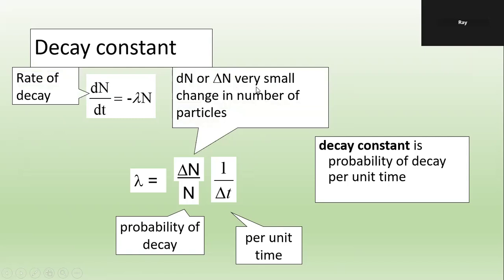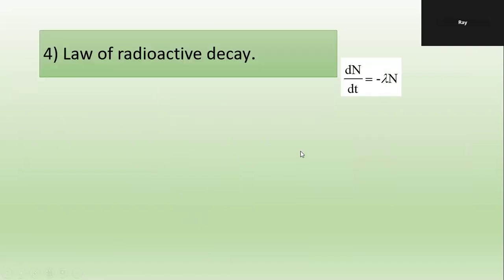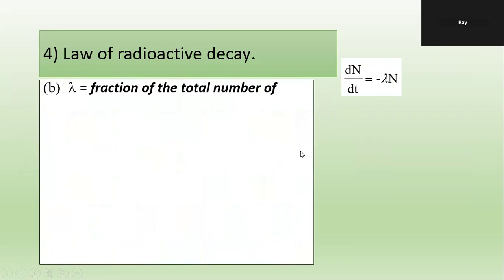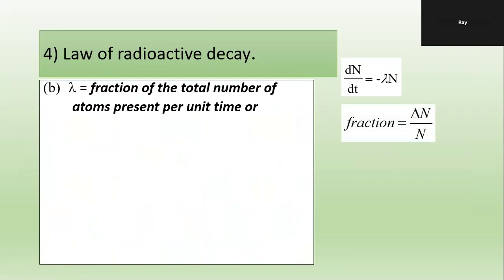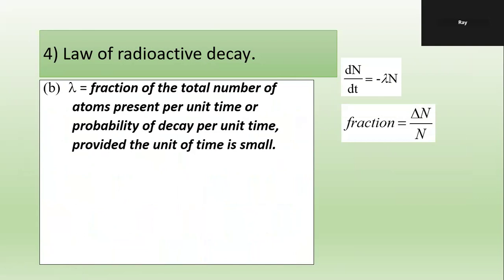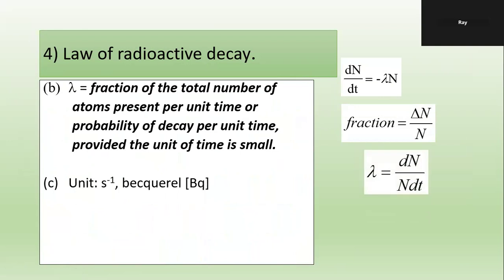ΔN is the small change in number of particles divided by the original number of particles present at that time. It is the fraction of total number of atoms present per unit time, provided the unit of time is small. Unit is per second, or becquerel, or counts per second.